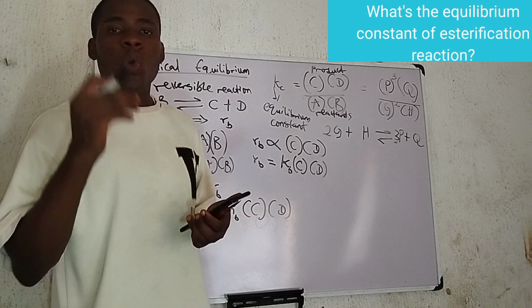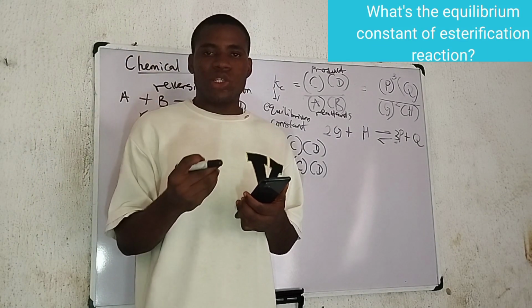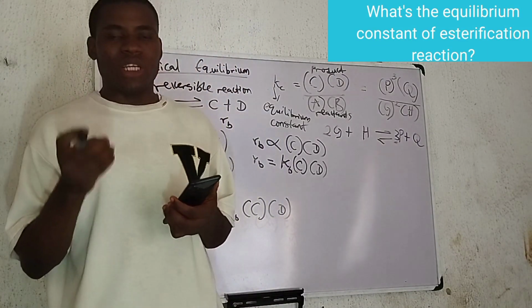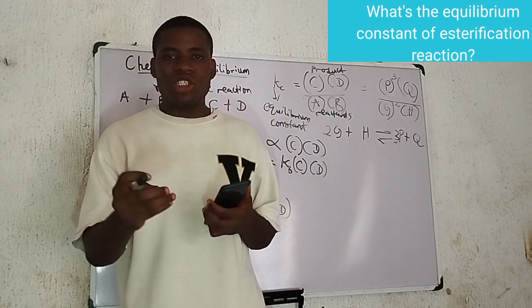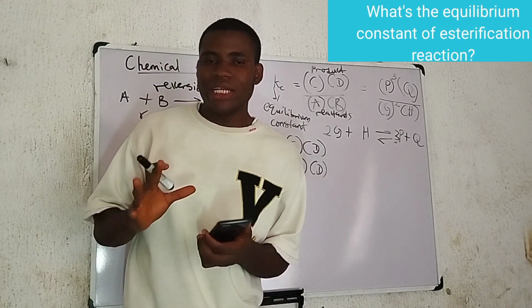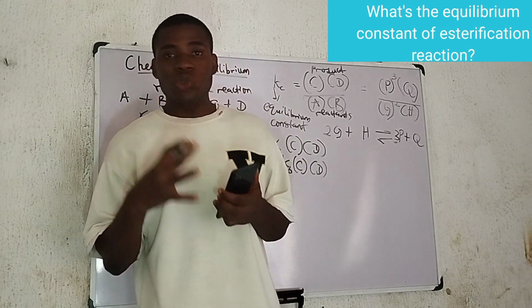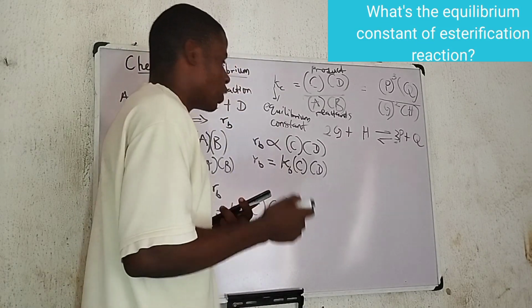The question says, what is the equilibrium constant in an esterification reaction? Now, esterification is the reaction between an alkanol and an alkanoic acid to form an alkanoate, or you say an ester, and it will give water as well. So what have I said?